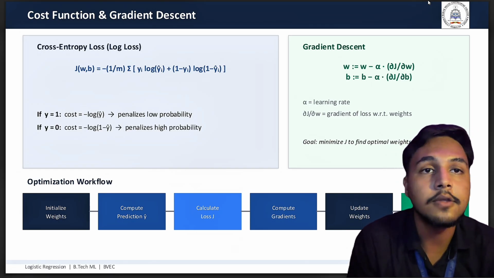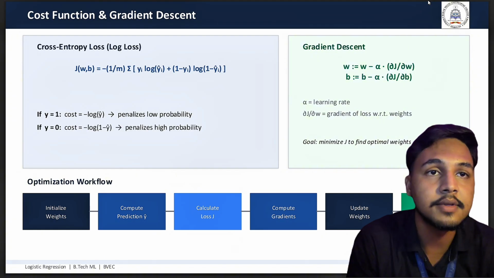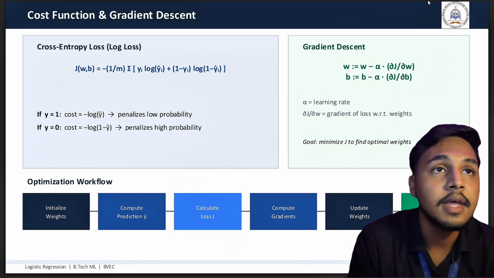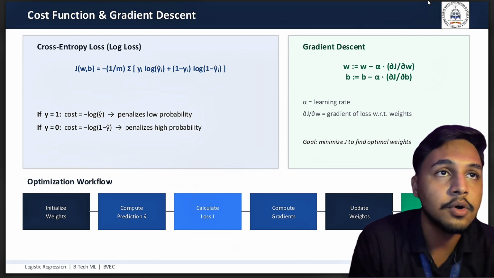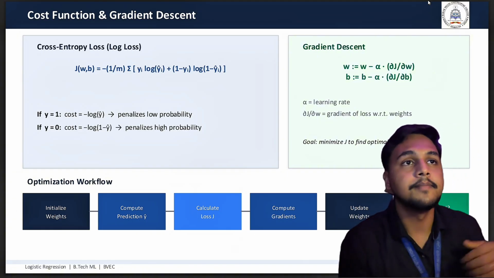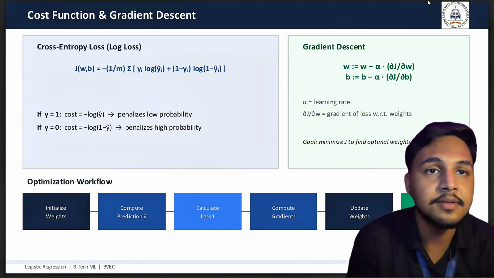In log loss, the cost function is defined as cost of h0 x comma y equals minus log h0 x if y equals 1. On the other hand, cost of h0 x comma y equals minus log 1 minus h0 x if y equals 0. Here we consider two equations.